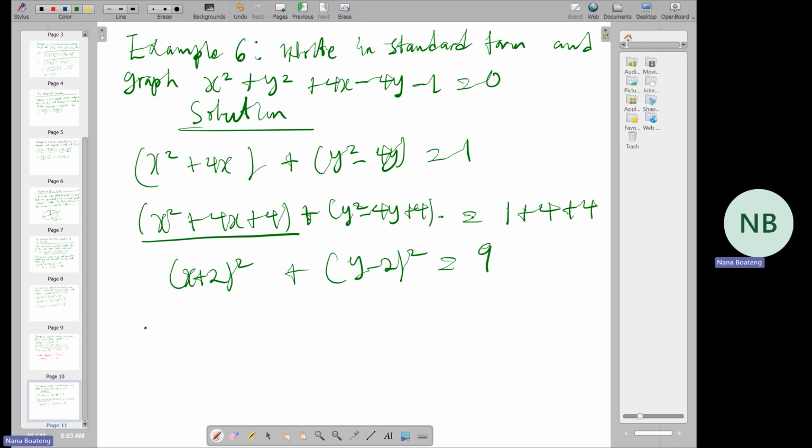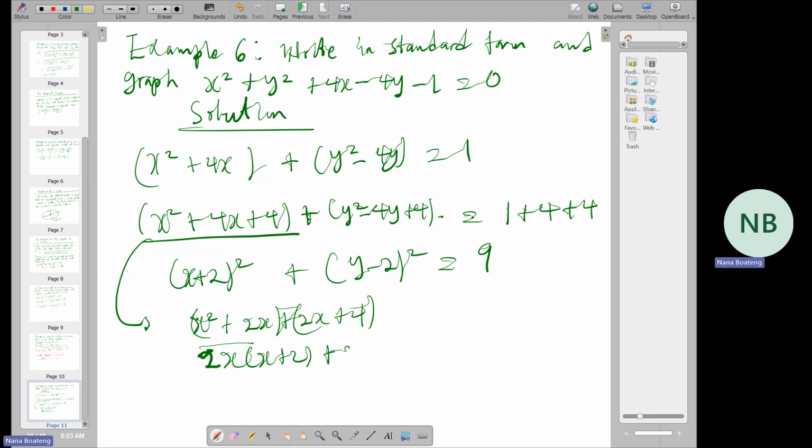Right? Factorization of this first parenthesis: x squared plus 3x plus 3x plus 9. So if we group these two, we can factor x out of the first parenthesis, so x times x plus 3, plus we can factor 3 out of the second parenthesis, so 3 times x plus 3.